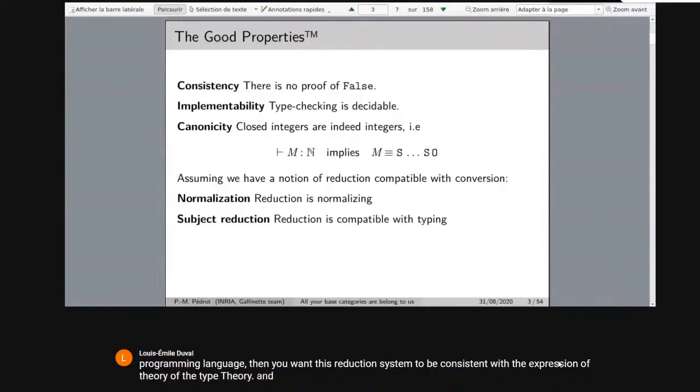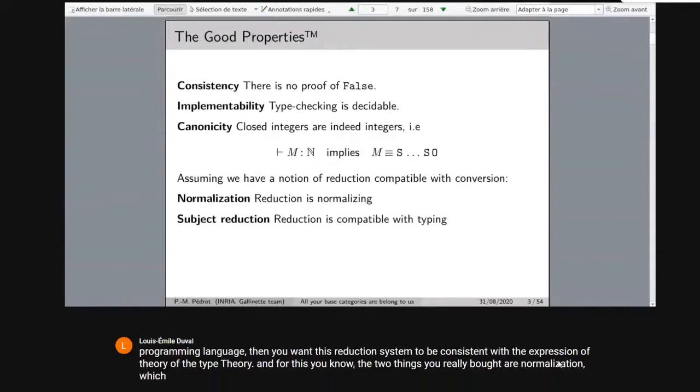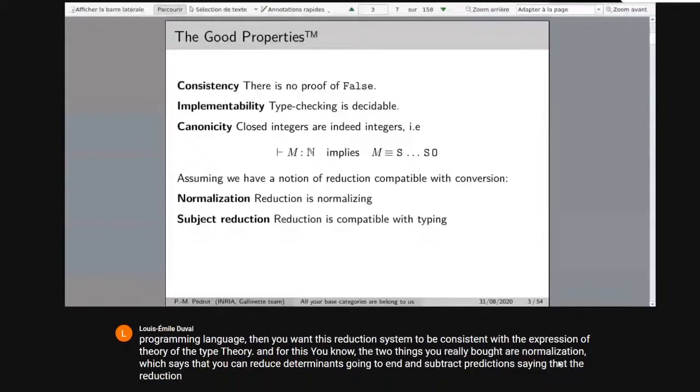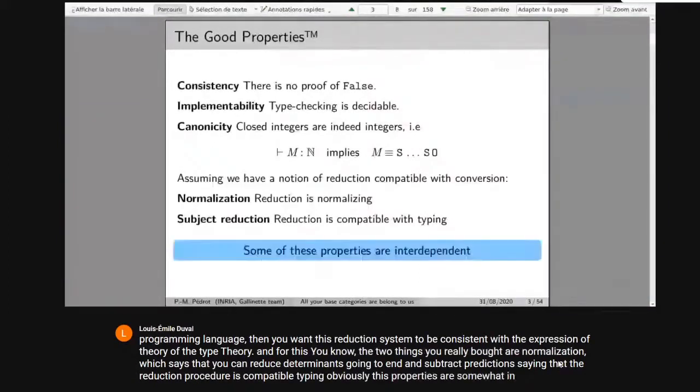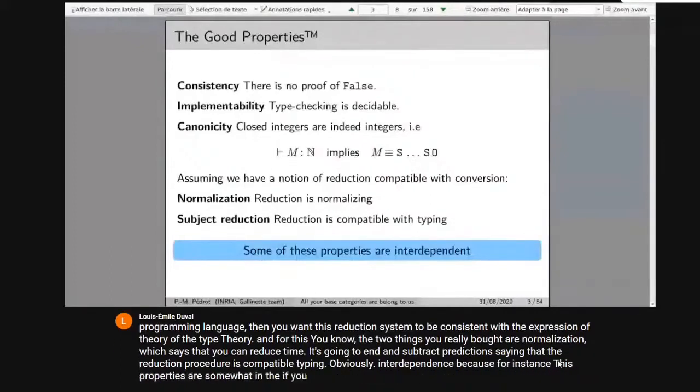For this, the two things you really want are normalization, which says that you can reduce a term and it's going to end, and subject reduction, saying that the reduction procedure is compatible with typing. And obviously, these properties are somewhat interdependent because, for instance, if you have normalization, you get canonicity. But I'm not going to talk too much about this.